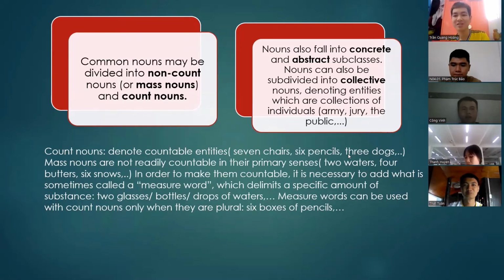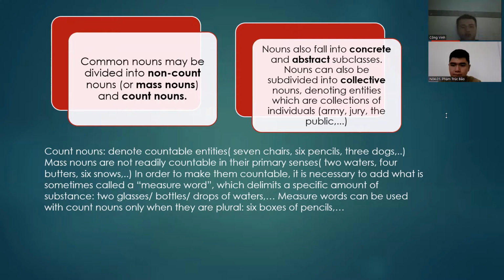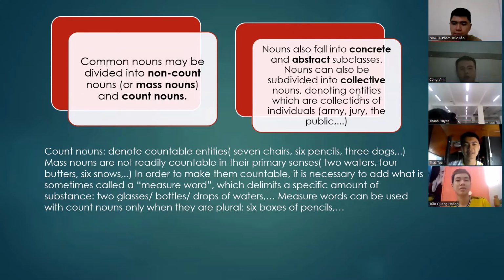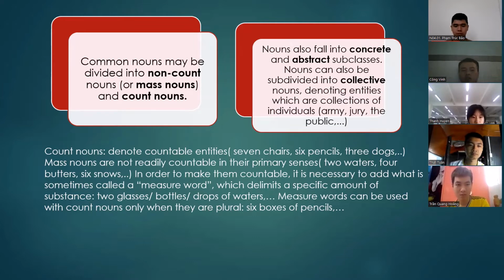Common nouns may be divided into non-count nouns, or mass nouns, and count nouns. Count nouns denote countable entities. For example, seven chairs and three dogs. Mass nouns are not readily countable in their primary sense. For example, water, butter, and snow.